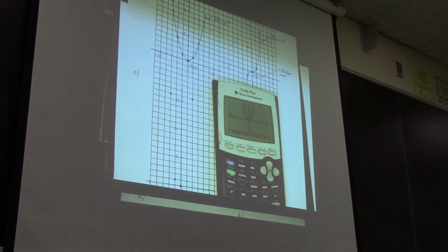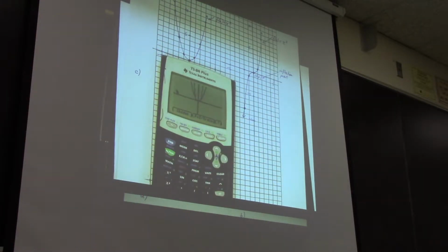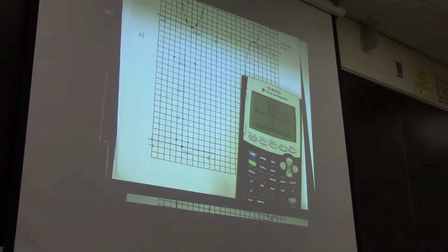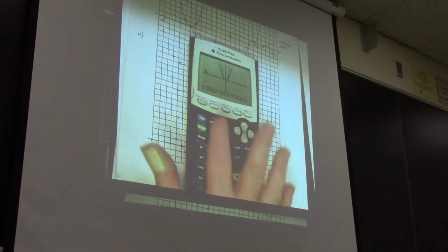So the graph of x to the fourth is a lot steeper than the graph of x squared. They do, however, kind of look similar. Now, I want to really zoom in on what's happening between negative 1 and positive 1, because that's where there are big differences.